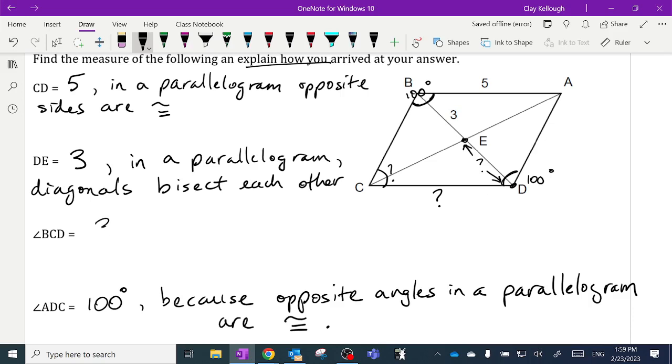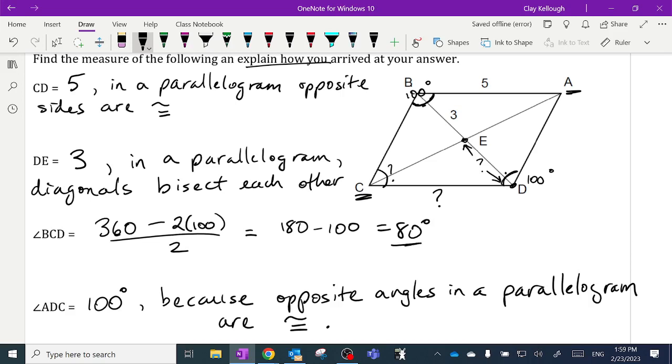So if I take 360 and I minus the two 100s, I'll just say 2 times 100, that would tell me how much all of this and all of that is. So if I just want one of them, namely the one at C, I would divide it by 2. And you could do a little bit of simplifying. 360 divided by 2 is 180. And those 2's would cancel, so minus 100 is 80.